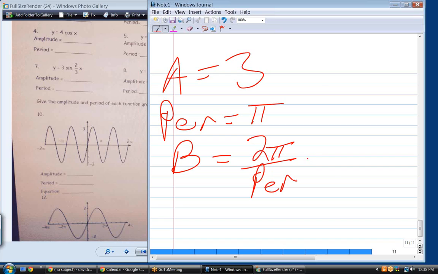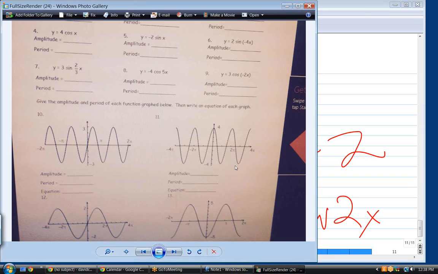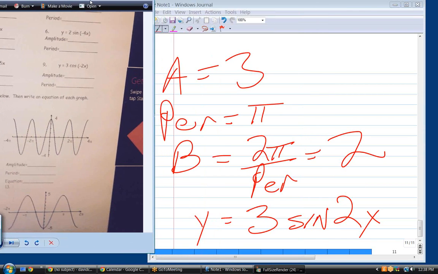Okay, so what's B? 2. What's the equation? Y equals 3 sine 2x, and this is sine because we start there. In other words, we're starting at 0 and going up, so it's positive sine. That's the equation. About number 11, what is the period?